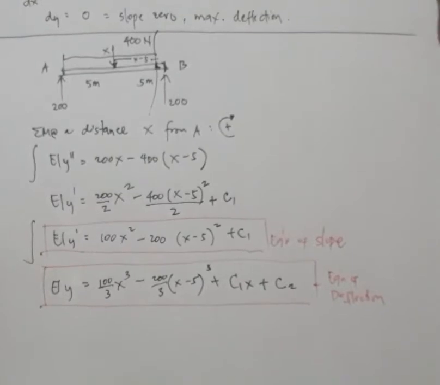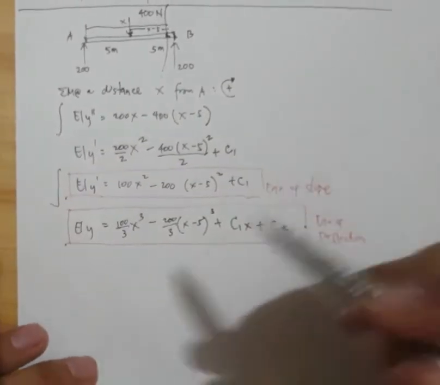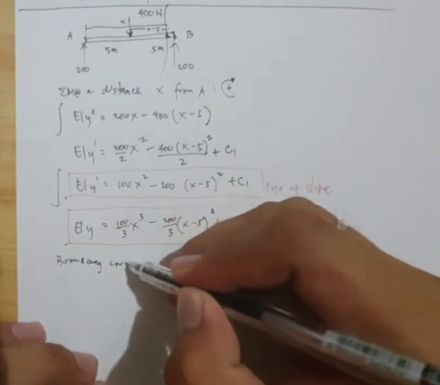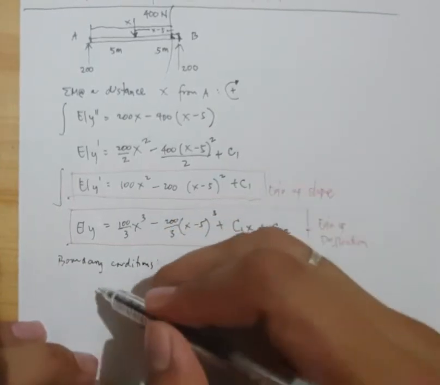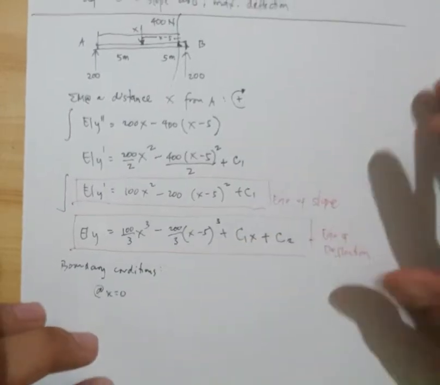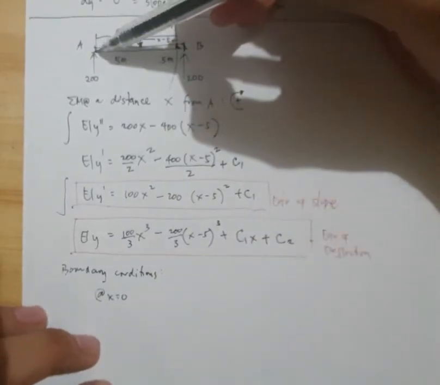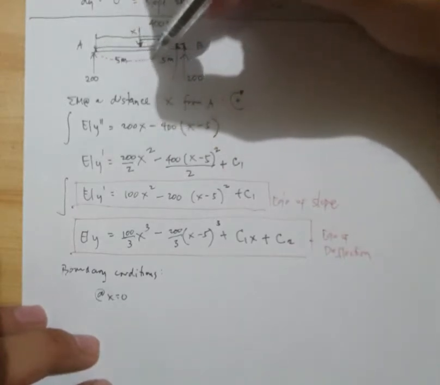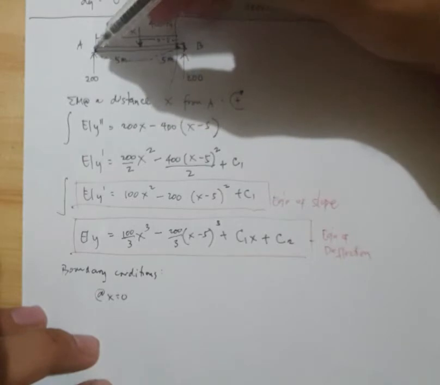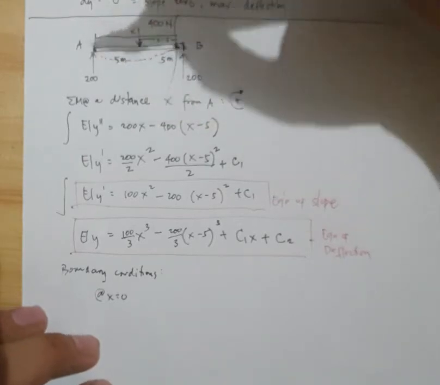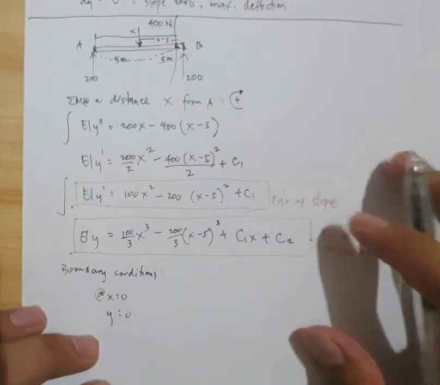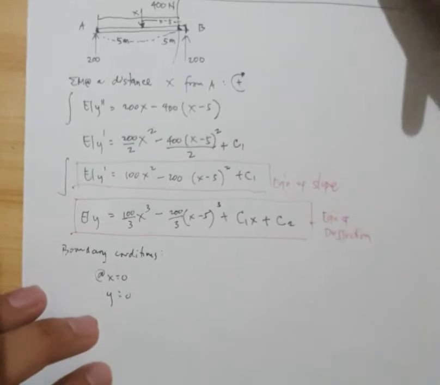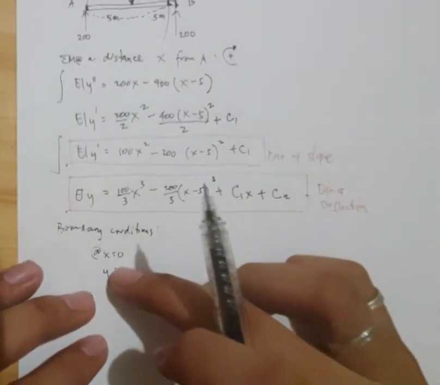So for the boundary conditions, at x equal to 0, which is at point A, there is no distance yet, and then the deflection, the elastic curve. At x equal to 0, deflection or y is equal to 0. So we put this in the deflection formula, since it is the deflection value.